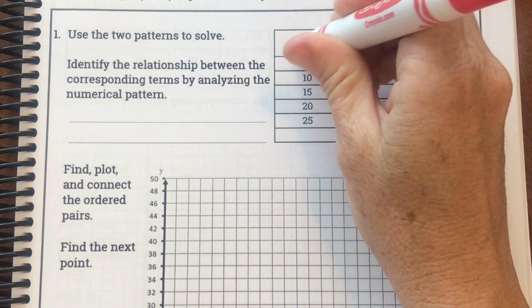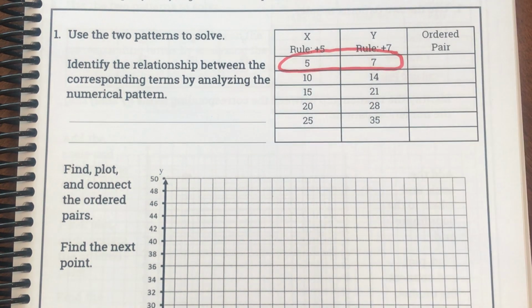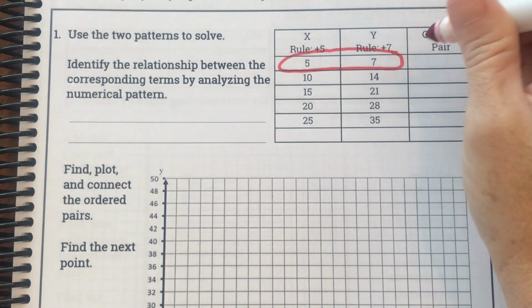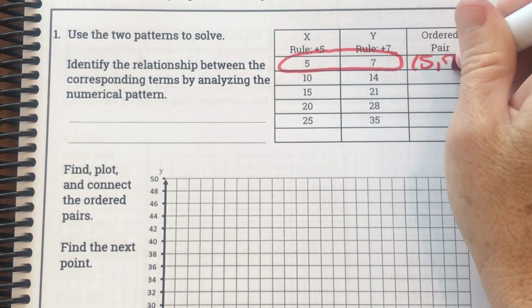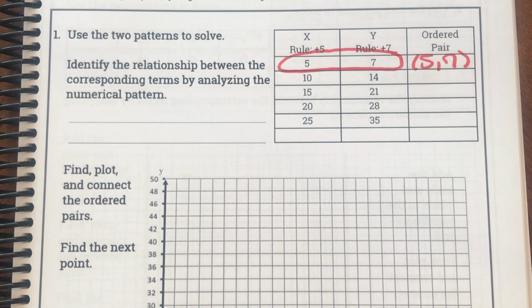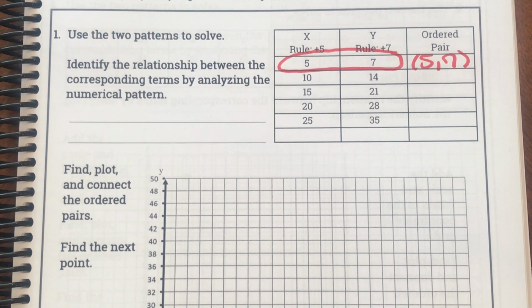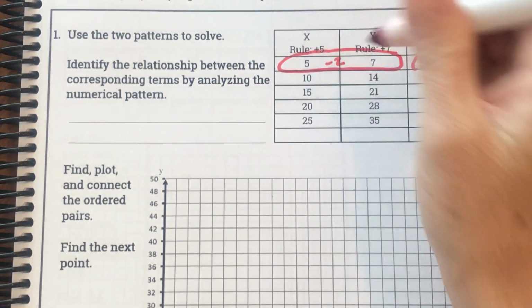If I start with that, here's my first ordered pair, which is 5, 7. If I look at 5, 7, what do I know about 5 and 7? Well, there's no way I can use multiplication. 5 times nothing will get to 7, and 7 divided by nothing will get to 5. I do see, though, that the difference between them is 2.